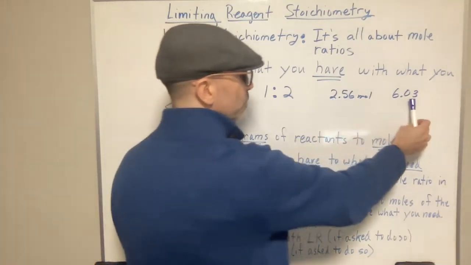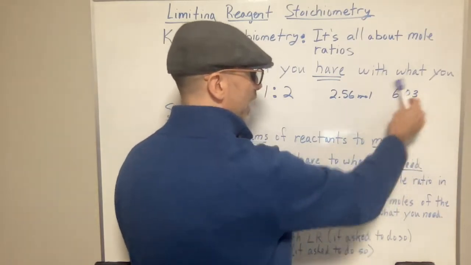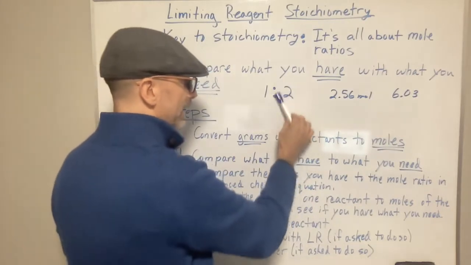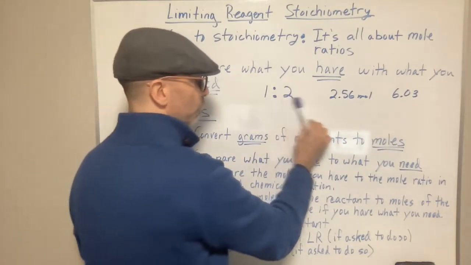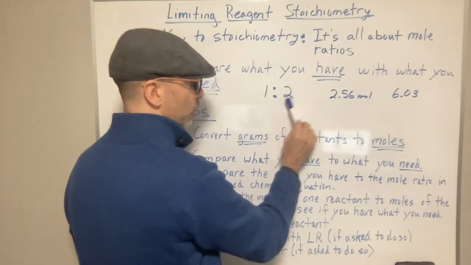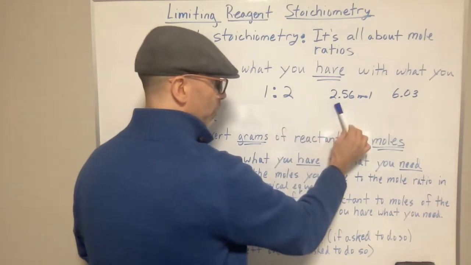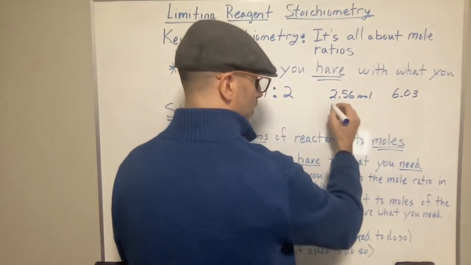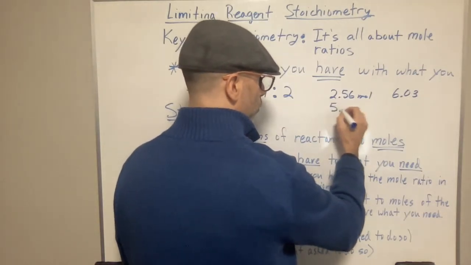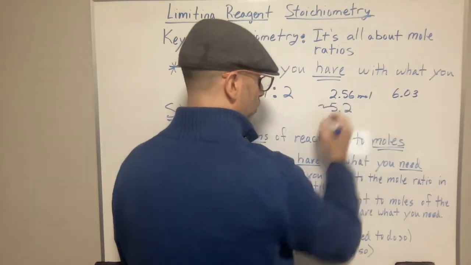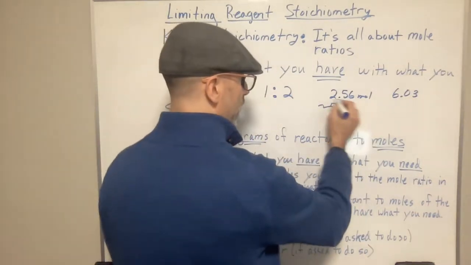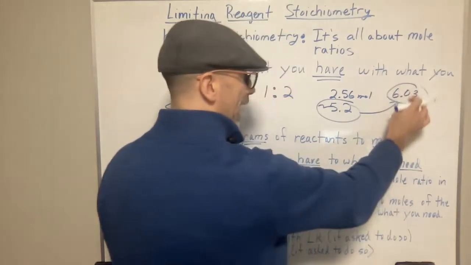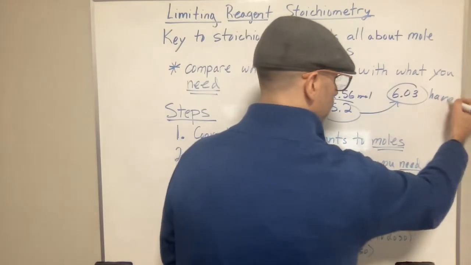So 5.2 would be less than what I actually have given here. So I should have approximately 5.2 moles of this, but this is what I actually have.